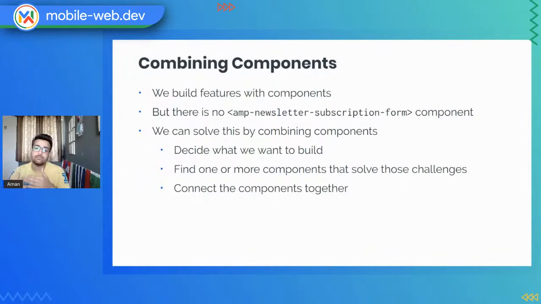And it is very tough to create a single component for every use case. But if you remember what we used to play with, Lego, in our childhood, we used to combine different pieces to form different outcomes, like a different land. That is applicable in AMP components also. If you are not able to find your desired component, you can combine different components to get the desired result.